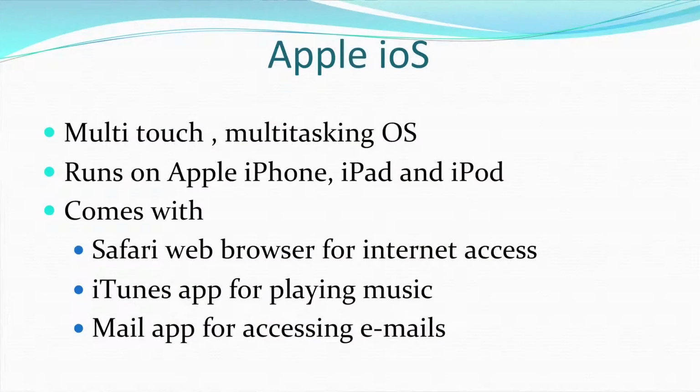It has the iTunes app for music and the mail app for accessing emails. These are very few features that the iOS operating system has. There are many more features available nowadays. As the version of the operating system increases, the features also keep on increasing. So, we have just briefed about simple features that iOS has.